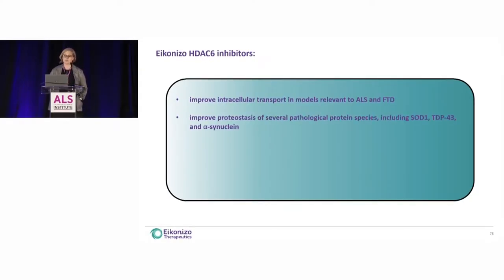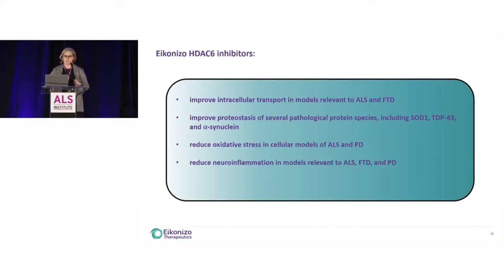They improve proteostasis of several pathological protein species, including SOD1, TDP43, and alpha-synuclein, which is important because alpha-synuclein can seed TDP43 and SOD1 pathology. We've shown that we can reduce oxidative stress in cellular models of ALS and FTD and reduce neuroinflammation, and that together, these effects lead to increased neuroprotection and improved function.